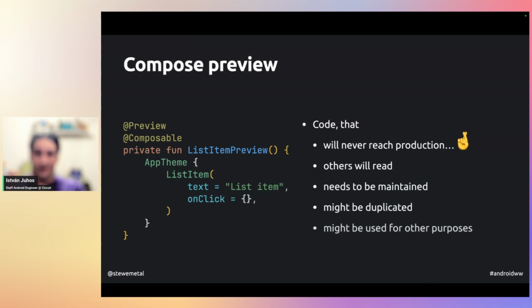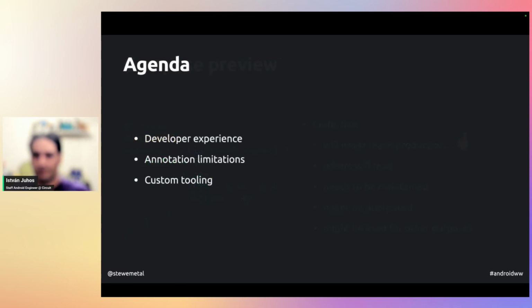And also this preview code in general might be used for other purposes, like creating a showcase for your design system, or doing screenshot tests, and so on and so forth. We will see examples for those as well.